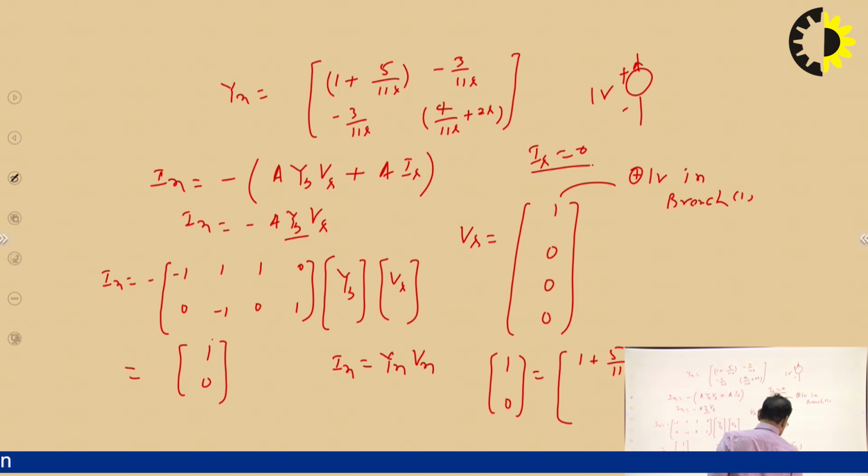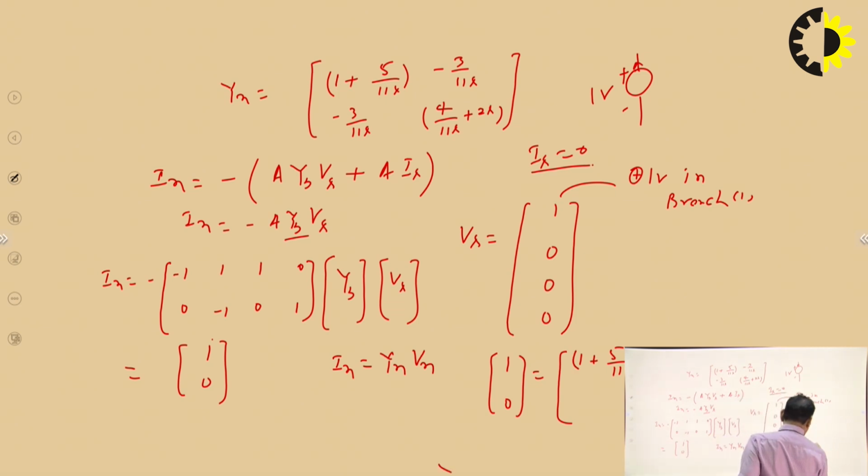So Yn is 1 plus 5 by 11s, minus 3 by 11s, minus 3 by 11s, and 4 by 11s plus twice s. There are two nodes, first and second, and third we have taken as the reference node. So this is V1 and this is V2. So this is the matrix. Then we can get the B1, B2. How will we get it? We invert this matrix.